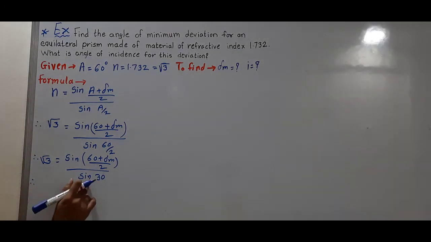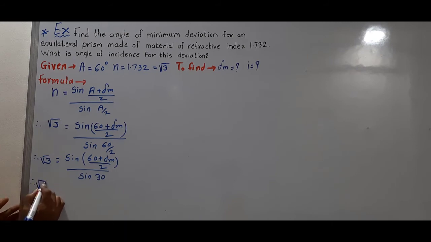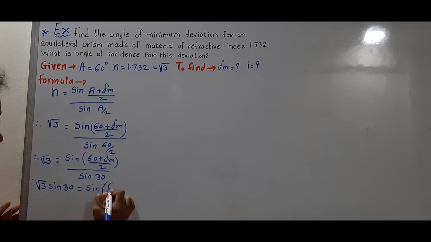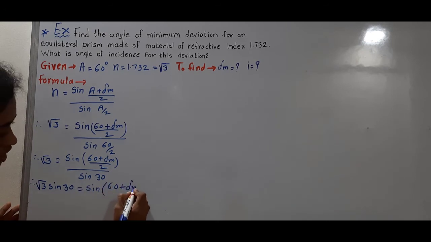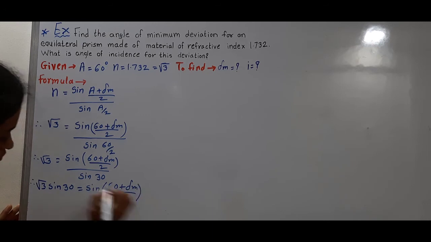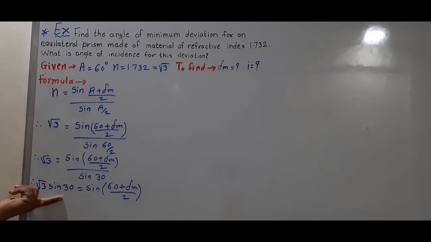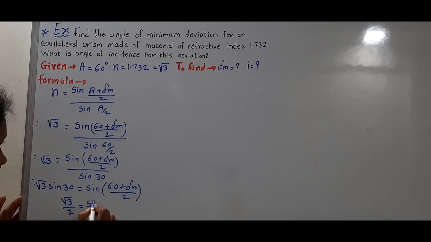Again, taking this sine 30 degree to the left hand side, we write root 3 sine 30 is equal to sine of (60 plus delta m) divided by 2. What is sine 30? The value of sine 30 is 1 by 2. Write down here root 3 by 2 is equal to sine of (60 plus delta m) upon 2.